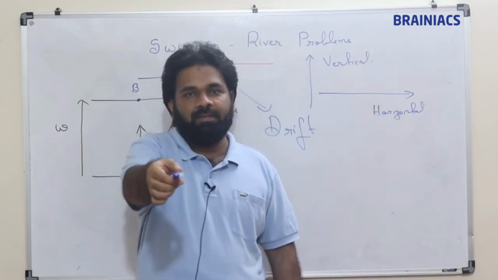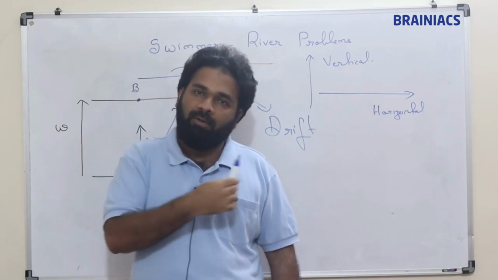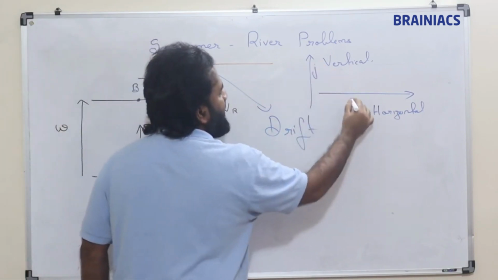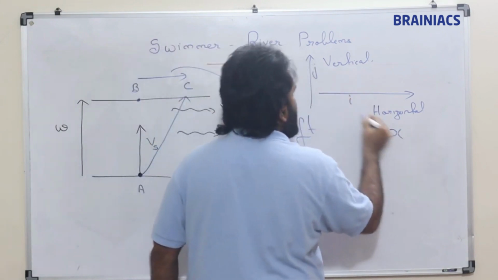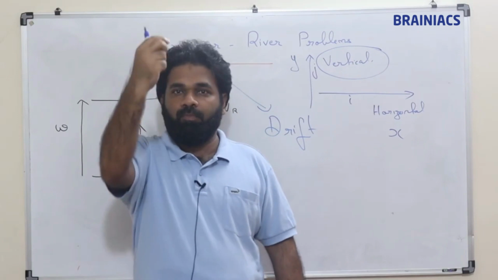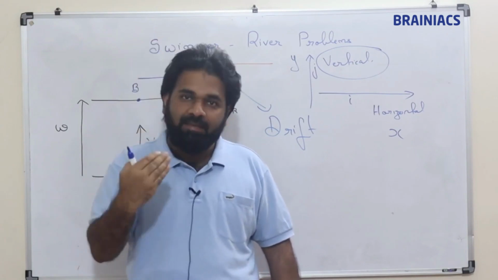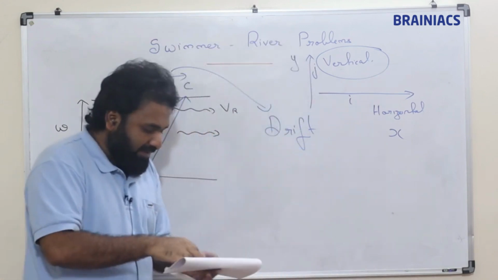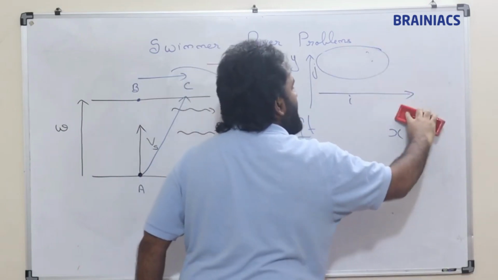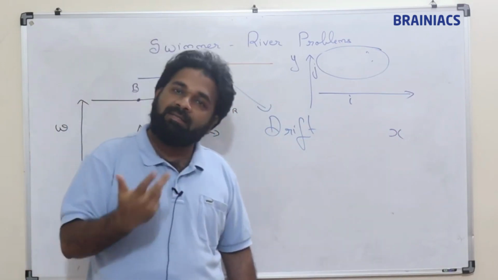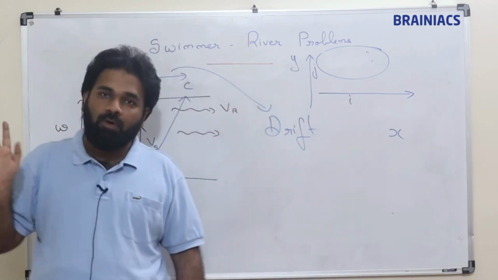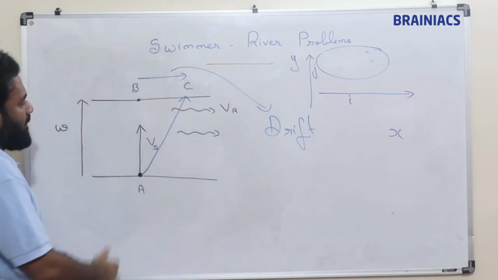Obviously it is not like this, not exactly vertical motion, but for doing the solution, we will consider this as J and this as I, or simply I can say this is X and this is Y. More precisely, I can remove horizontal and vertical and say this is the Y axis, that is the X axis, that is going to be I, this is going to be J. That is conceptually correct.